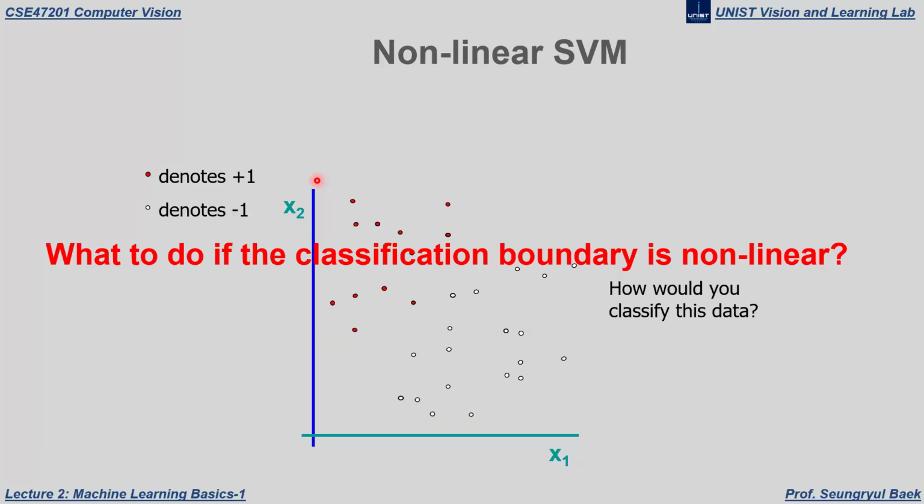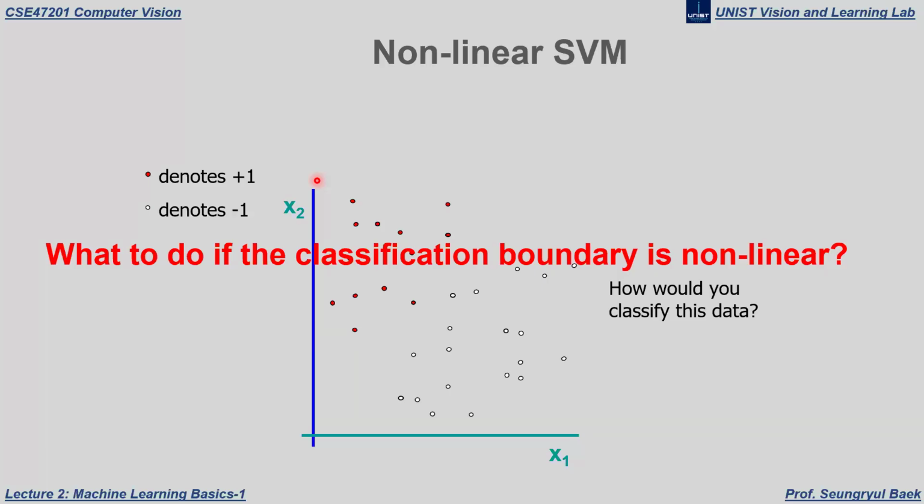And of course, the linearly non-separable case looks like this. You cannot draw just one straight line that can divide these two categories. That is called a linearly non-separable case.